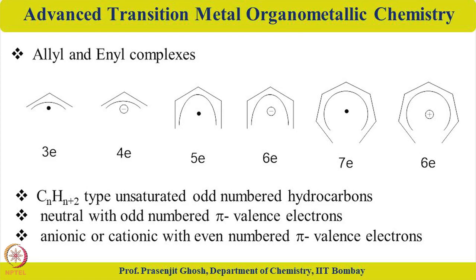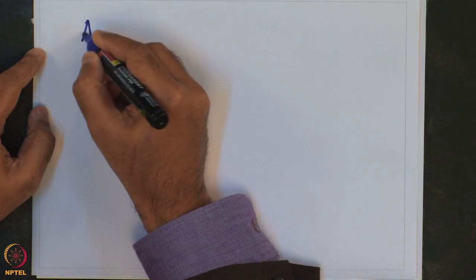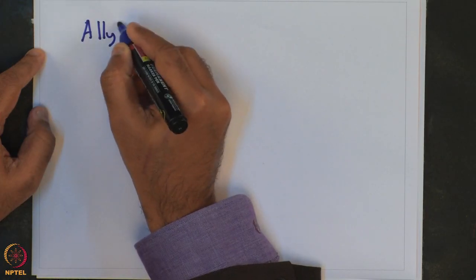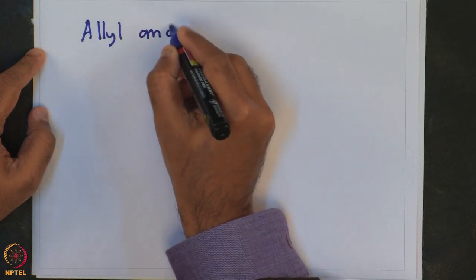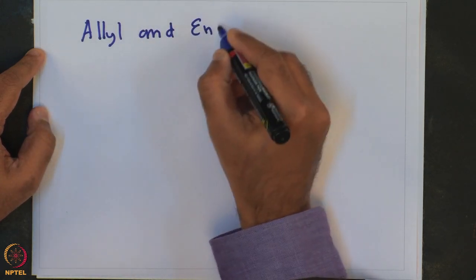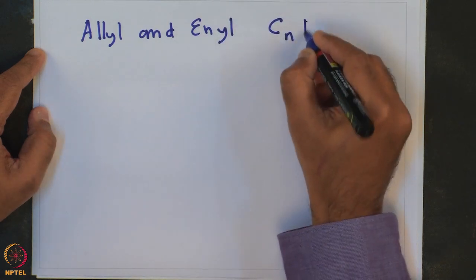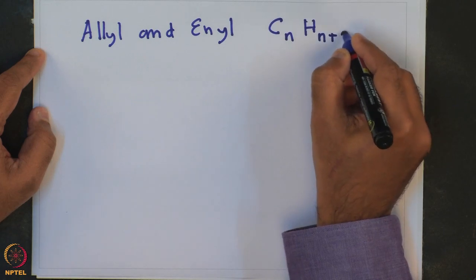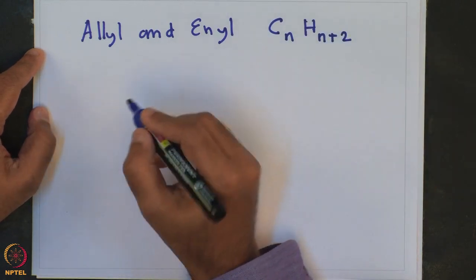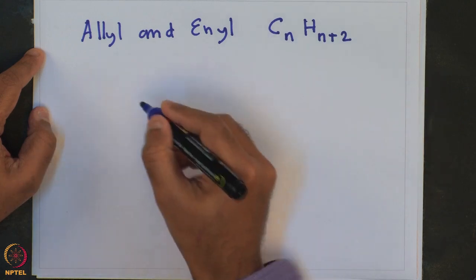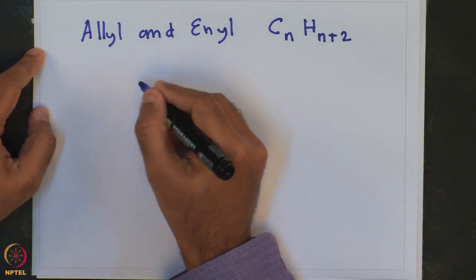These allyl and enyl ligands are of the formula CnHn+2, and these are unsaturated hydrocarbon ligands having an odd number of carbons.